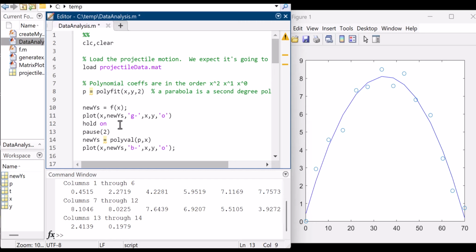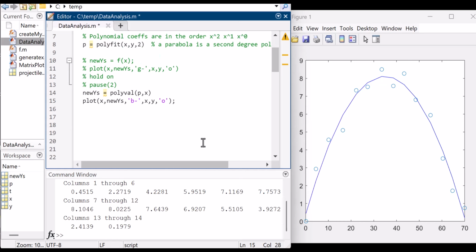Okay, so I am now convinced that using polyval will give me the same thing as using my plot thingy here. And that's pretty cool because, first of all, I'm able to confirm that that's what I want it to be. Second of all, I can confirm that physics is right.